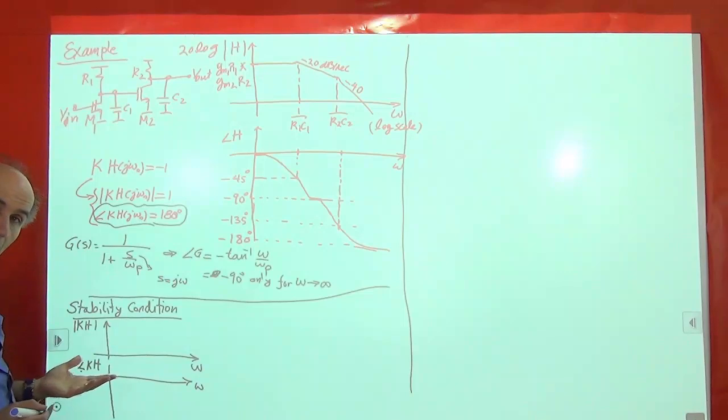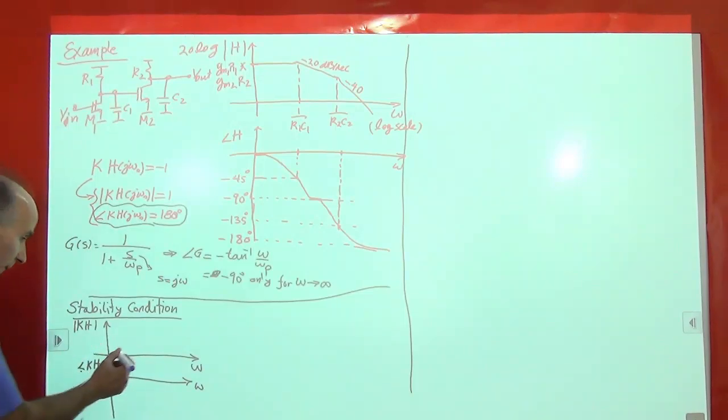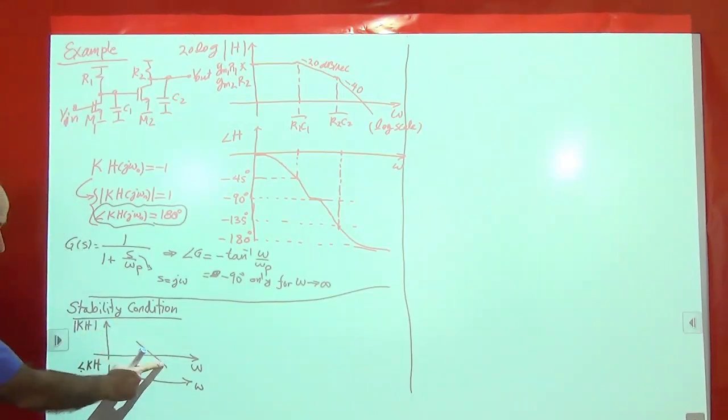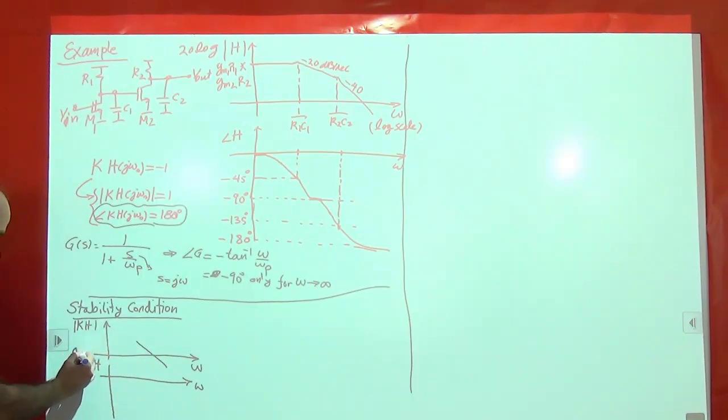So here's an example to see whether this system is stable or not. It's very simple. I have a plot, and I don't plot the rest of it, just this part right here. We call this the 0 dB axis. 0 dB means that the gain, this value, is 1, because I'm plotting 20 log of this.